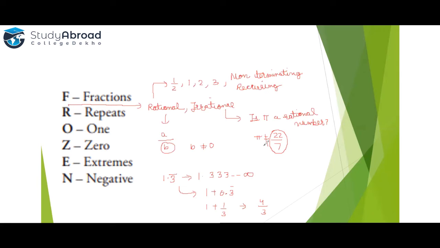The actual value of pi is not 22 by 7. It is something like 3.14, and it goes on, and there is no specific pattern of repetition after the decimal, right? So it is non-terminating and it is non-recurring. So that's why pi is an irrational number.